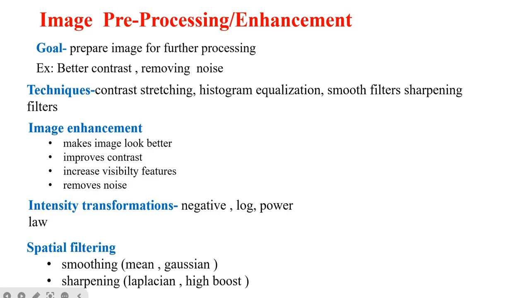Then you have spatial filtering, where you have smoothing filters which are used for noise removal. You have mean and Gaussian filters for that, and sharpening filters for the edge enhancement. For that you have Laplacian filters and the high boost filters. And this spatial domain filtering is used for enhancement, where it is done directly on the image pixels.